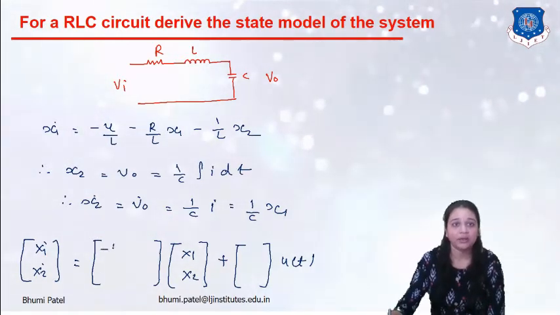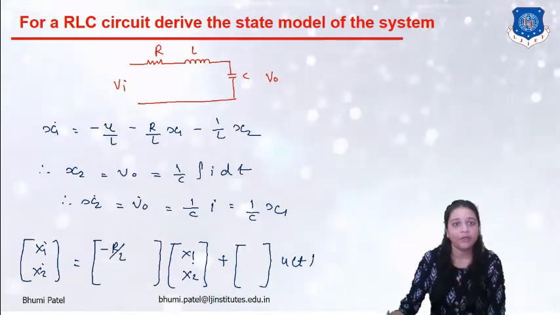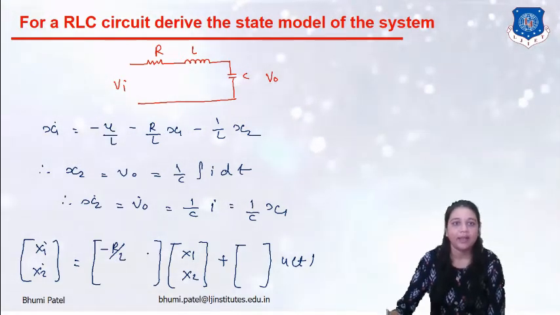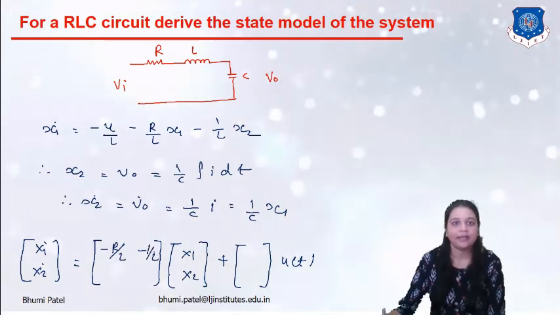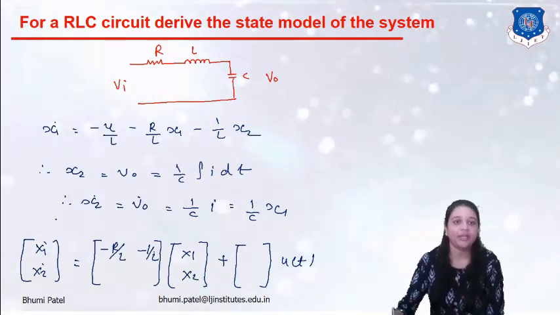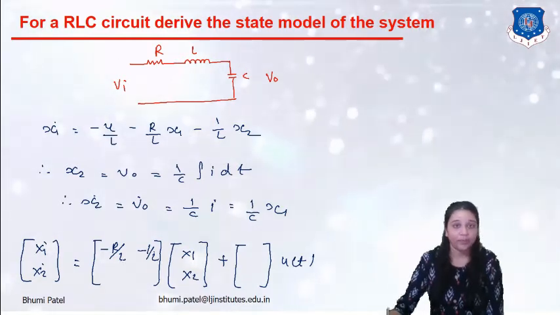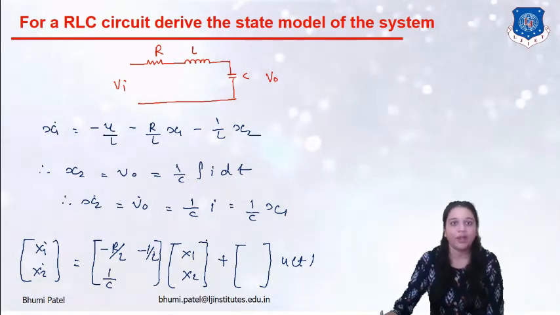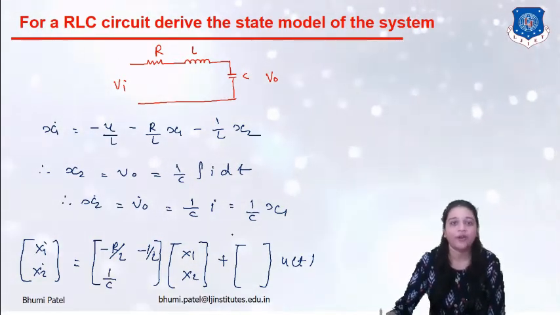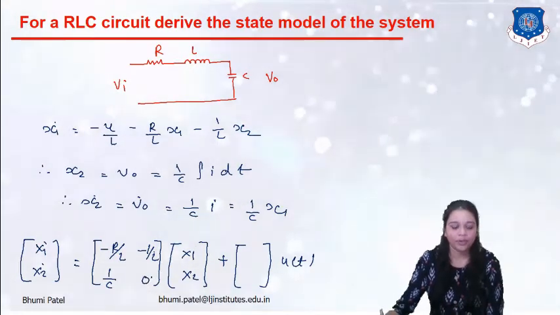So here put minus R by L into x1 and minus 1 by L into x2. Now for x2 dot we get only 1 by C x1. So we put here 1 by C into x1. There is no term for x2, so here we put 0.